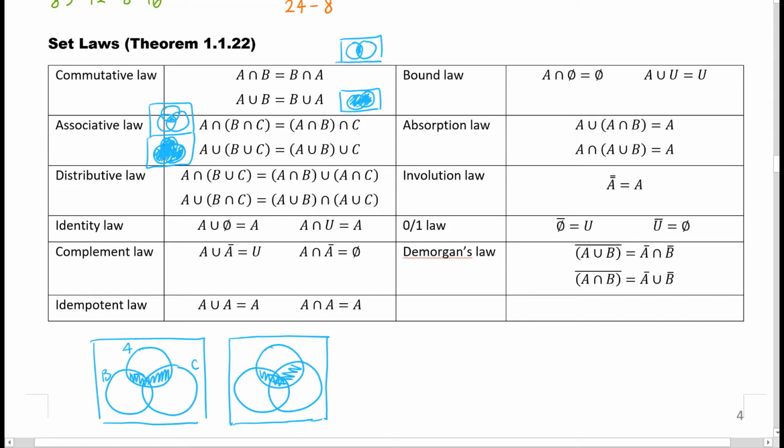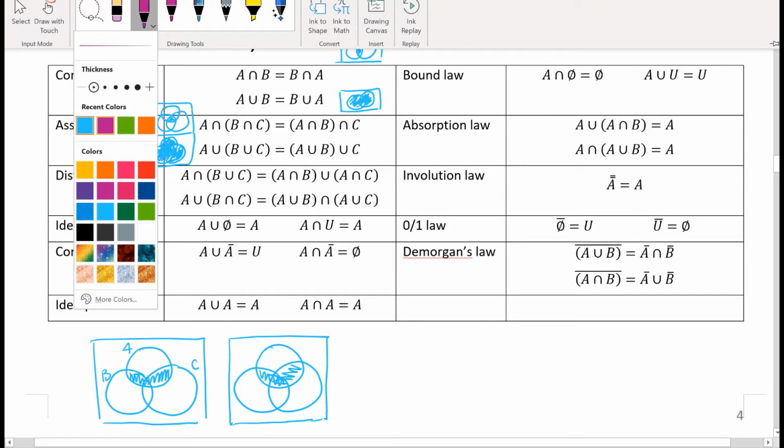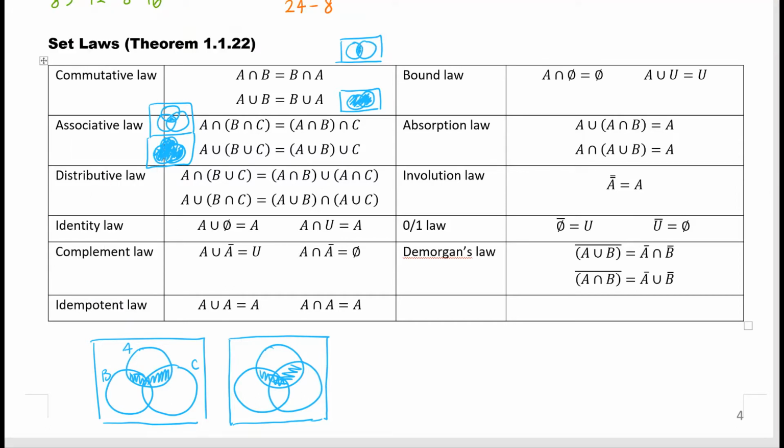On the other side, if we have A union B intersect C, let's figure it out. A, B, C. B intersect C is right here, and then we want to union A. This is what we get.